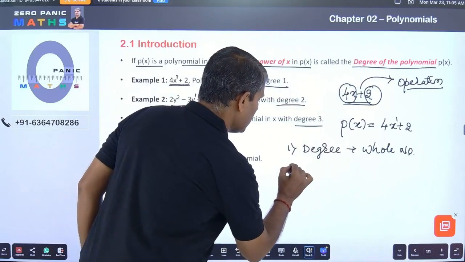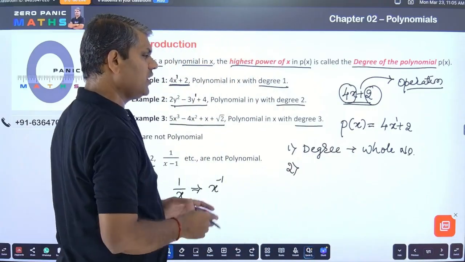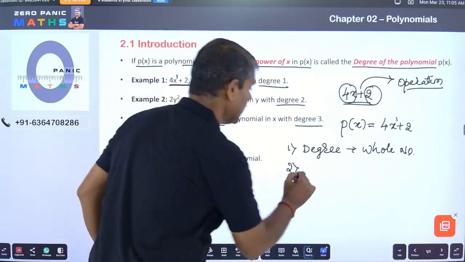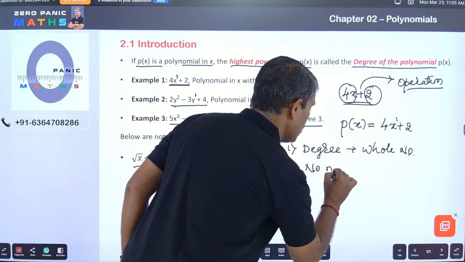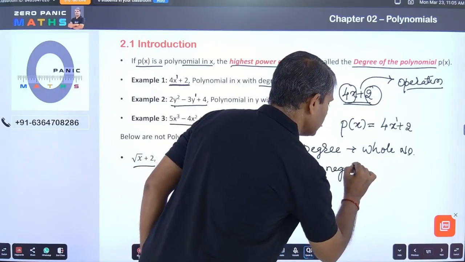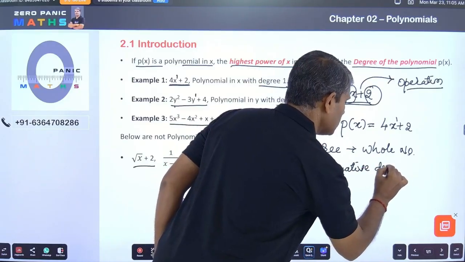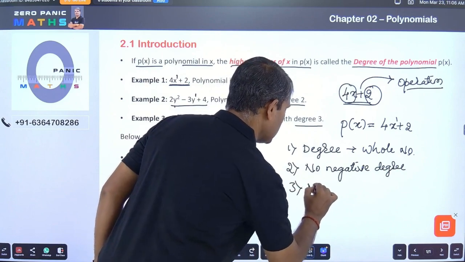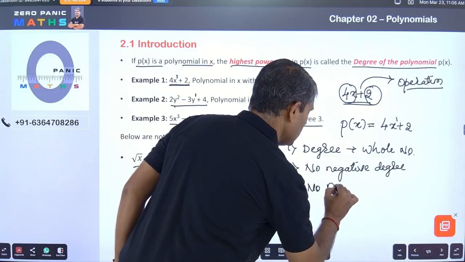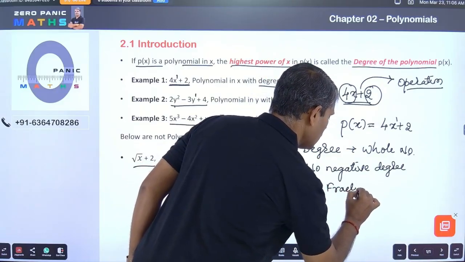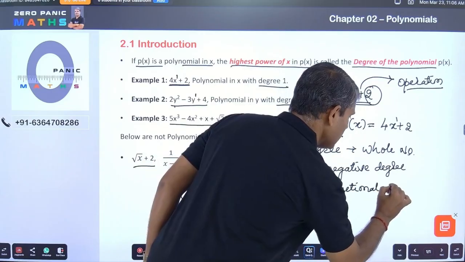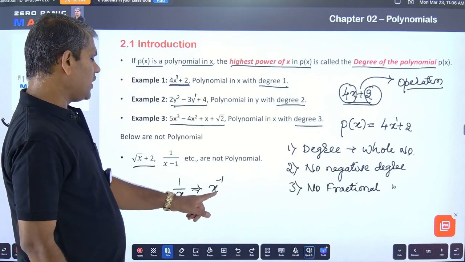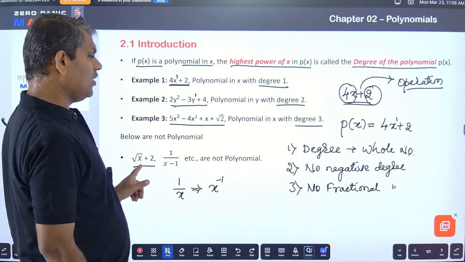Since it is a whole number, the second feature is actually based on the first: it cannot have negative degrees. No negative degree. Similarly, no fractional degree.